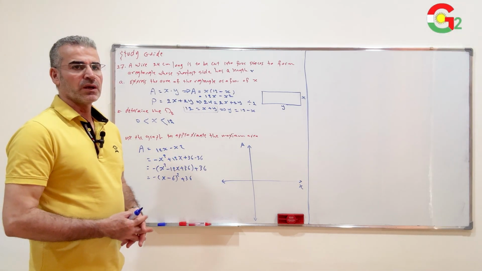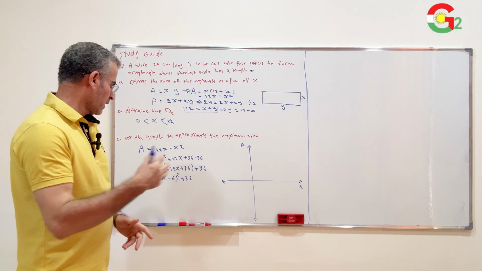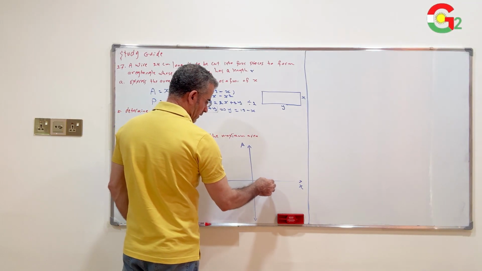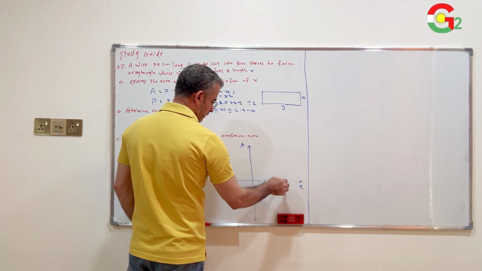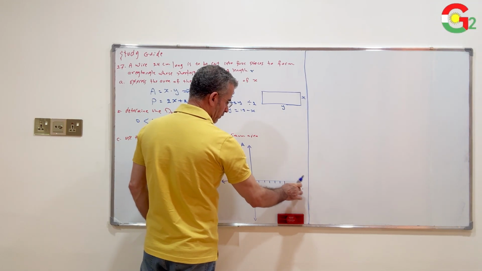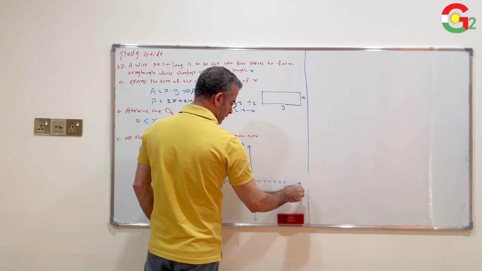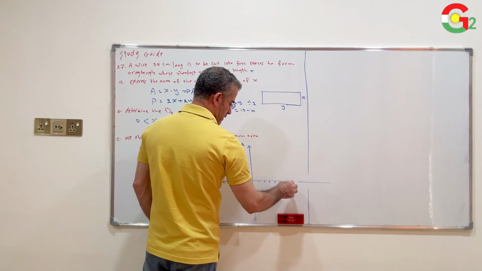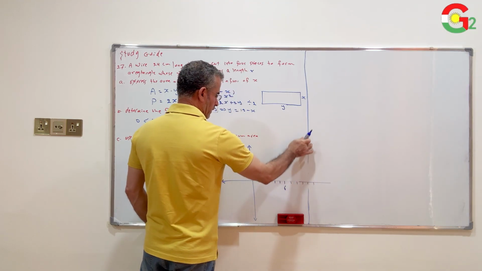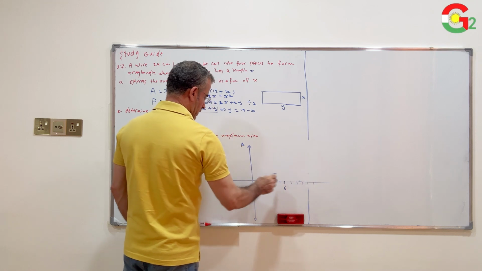The graph of this function is a 6-unit horizontal shift to the left. 1, 2, 3, 4, 5, 6. Let me complete to 12: 7, 8, 9, 10, 12. This is 6.